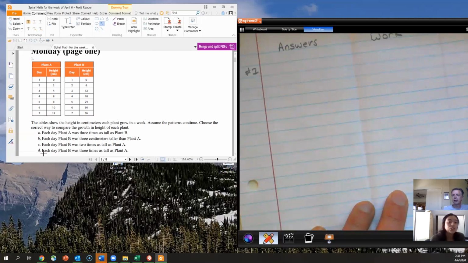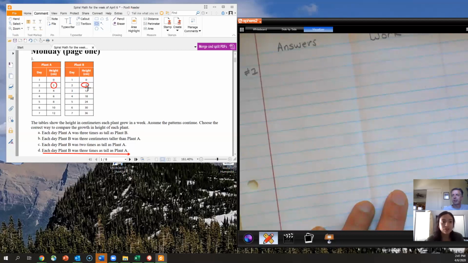It says each day plant B, which is your chart B, was 3 times as tall as plant A. Careful, I almost said it was the letter A, but it's the letter D. Just like Mr. Yates is circling, plant A was only 2 centimeters on day 2, and plant B was 6 centimeters.